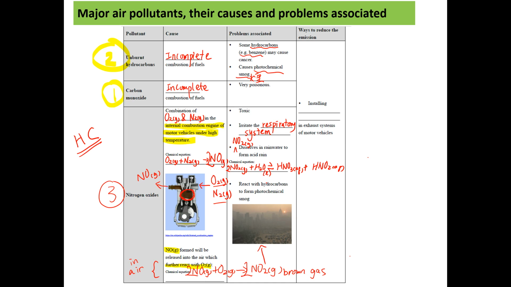And to remove these three different kinds of air pollutants, including unburned hydrocarbon, carbon monoxide, and nitrogen oxides, there is a same way to remove them. It is called installing the catalytic converter, write down.